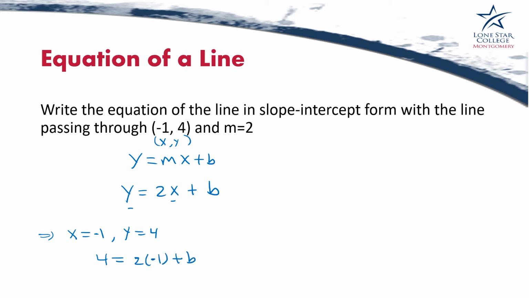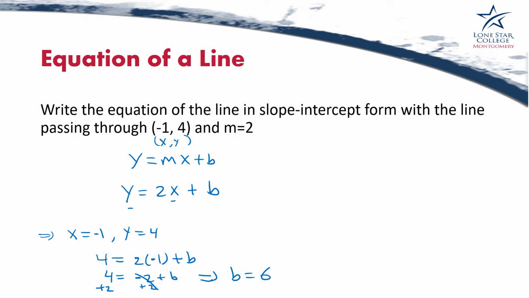So we now know everything. We can solve for b. So 4 equals 2 times -1, which is -2, plus b. To get b by itself, we add 2 to both sides to get rid of it on the right. So it tells us that b is equal to 6. But even though we solved for b, that's not what we're looking for. We're looking for the equation of the line, which is y equals mx plus b.